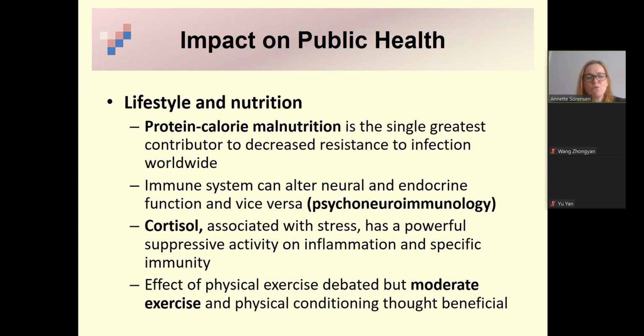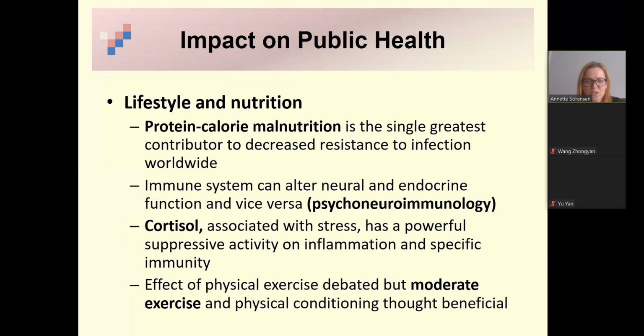Now, cortisol is associated with stress, and it has a very powerful suppressive activity on inflammation and specific immunity. So high cortisol levels are typically associated with stress, a hormone which increases with stress.